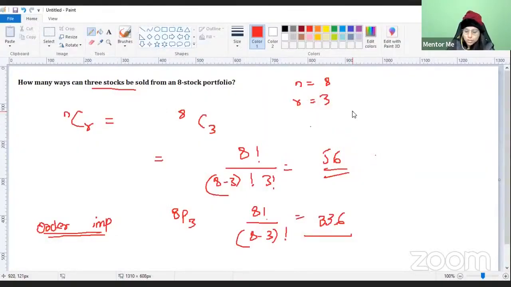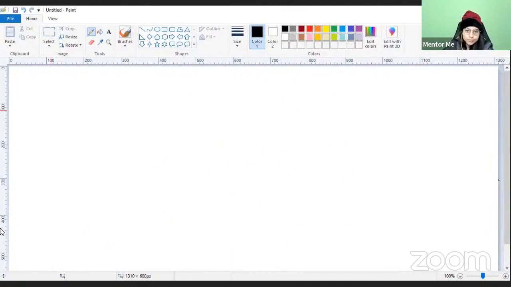Okay. So what it is saying simply is that there are two scenarios. One scenario, two scenario. The probability of one scenario is 0.75. The probability of the second scenario is 0.25.